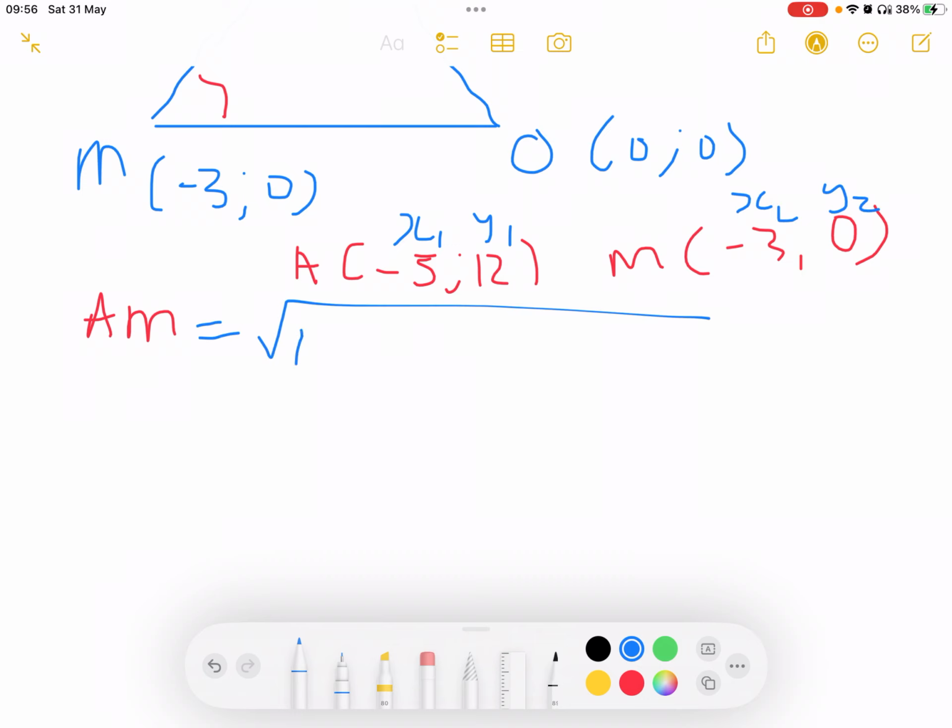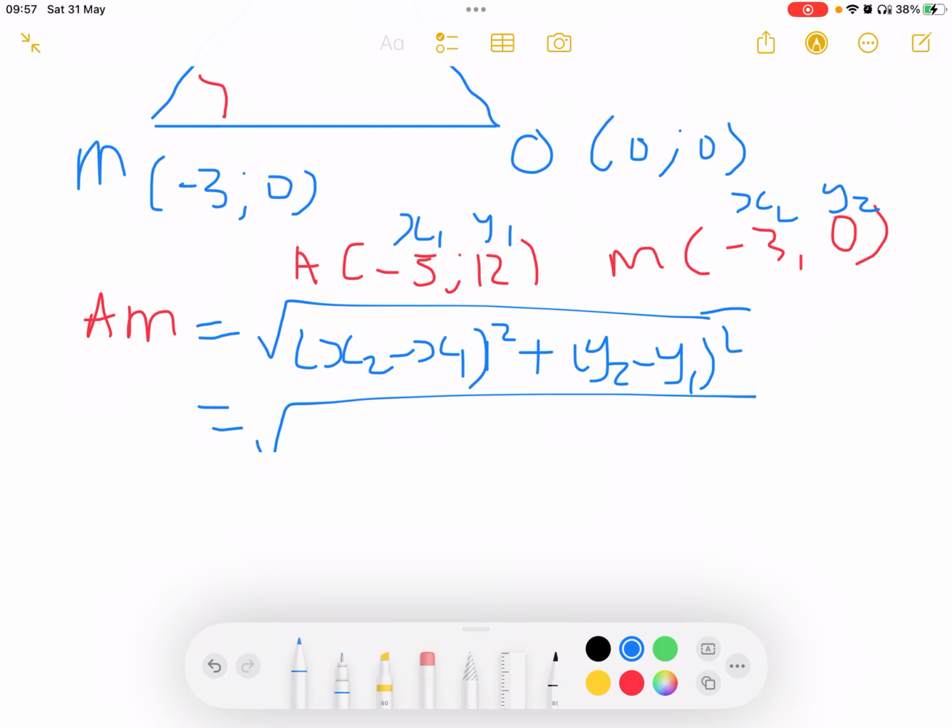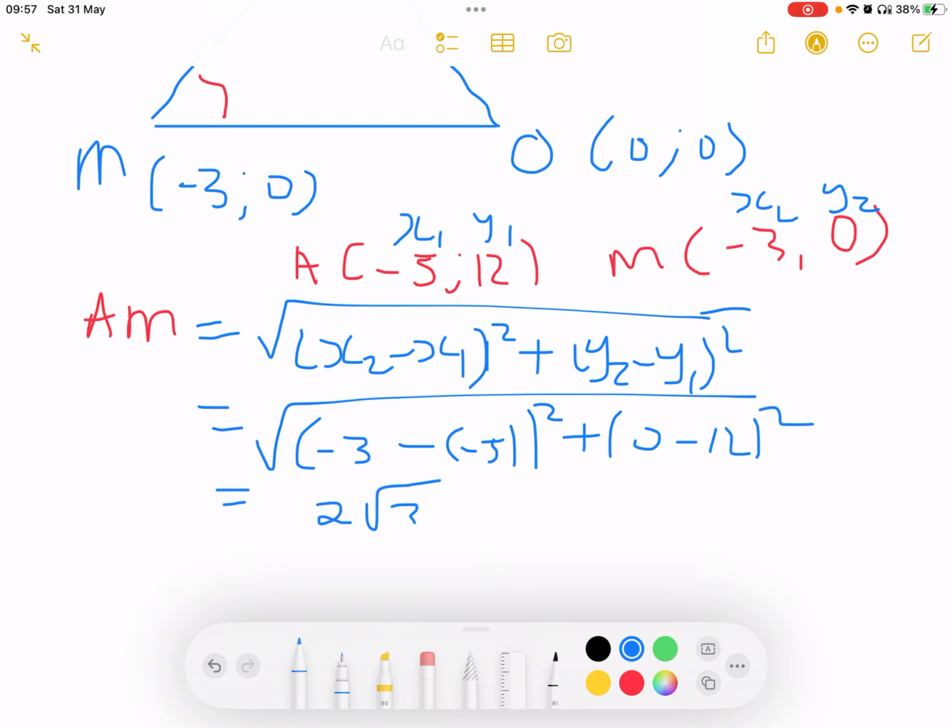AM is the square root of x2 minus x1 squared plus y2 minus y1 squared. Now this is equal to -3 minus -5 all squared plus 0 minus 12 all squared, of which in the calculator gives us 2 root 37.